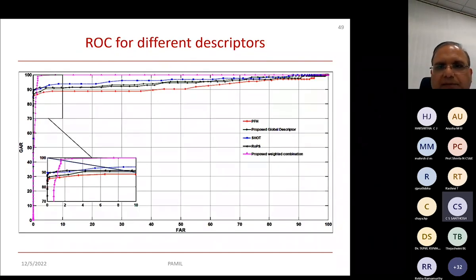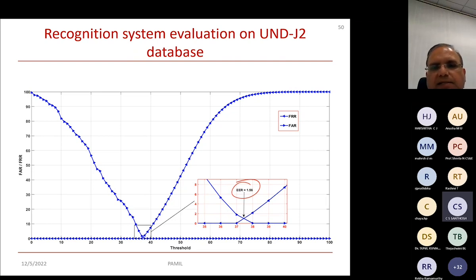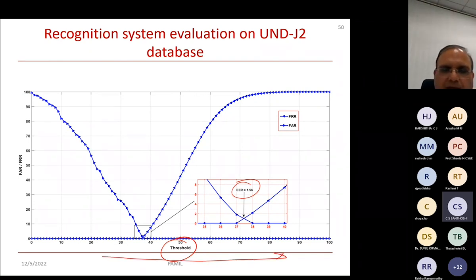In terms of performance, the most important performance measure is the EER, the equal error rate. You compute the FAR and FRR, false acceptance and false rejection, and if you plot them with respect to the threshold, you see that when you increase the matching threshold, one increases and the other decreases, because they have a contrasting nature.